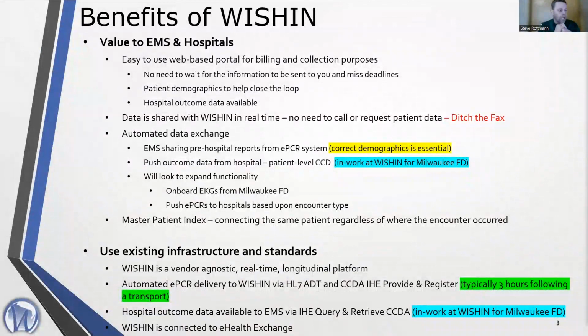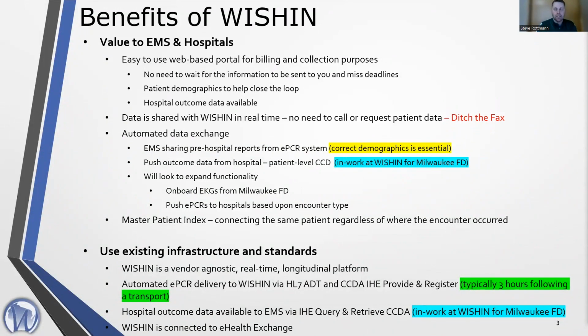What we're working on actively now is the ability to push outcome data from the hospital to Milwaukee Fire using a patient level CCD. So that requires, again, that demographic match is essential.